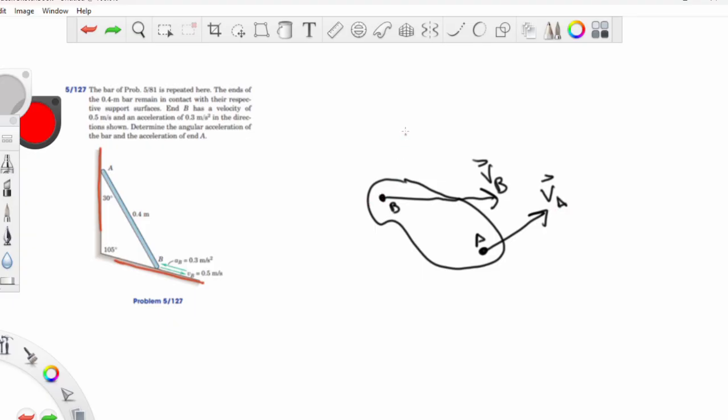So we draw a perpendicular line that crosses point B, and also a perpendicular line that crosses point A. The intersection between both lines is our instantaneous center of zero velocity.